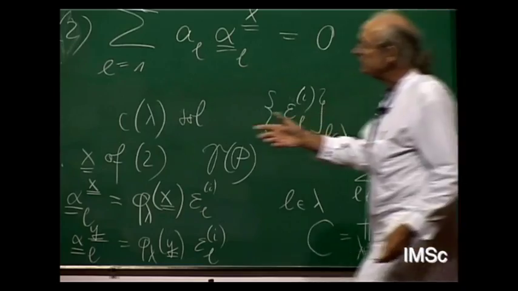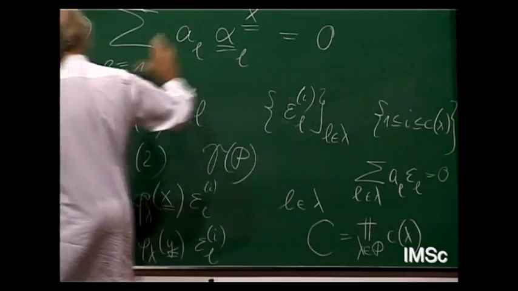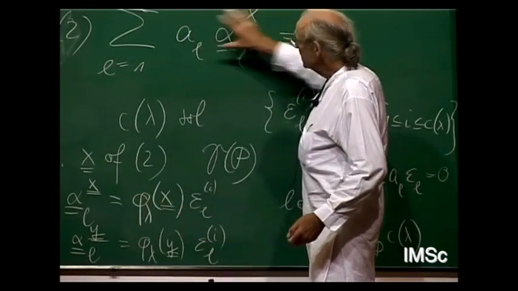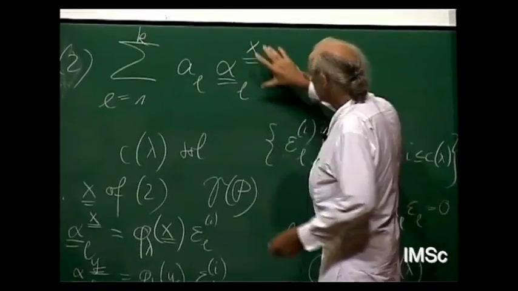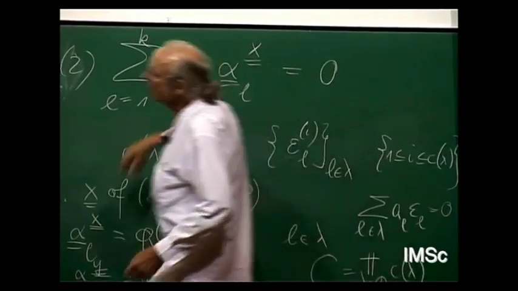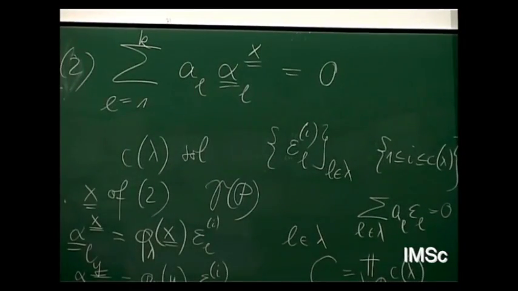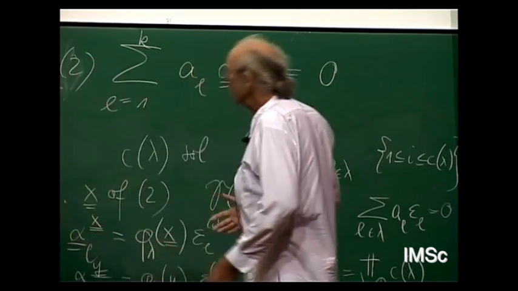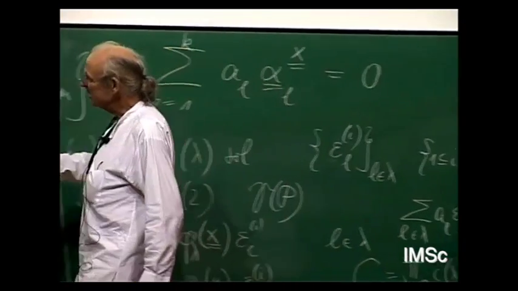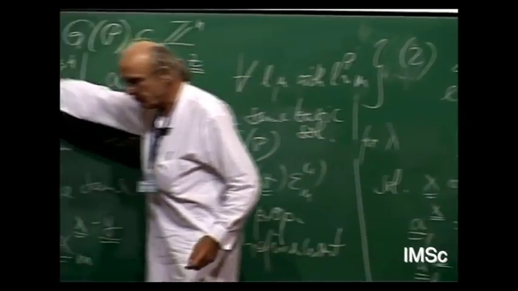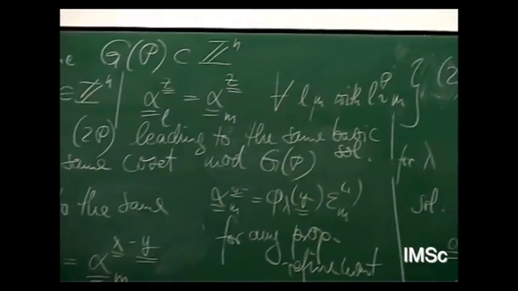And what we can now say is that the solutions in S of P are just made up of cosets modulo G of P. And how many cosets do we get?